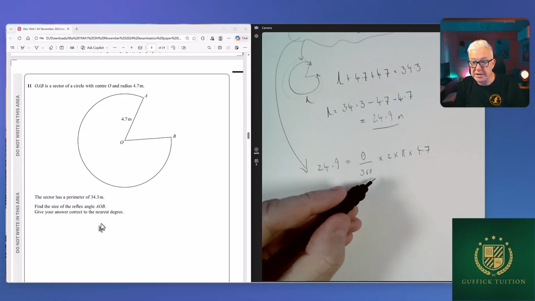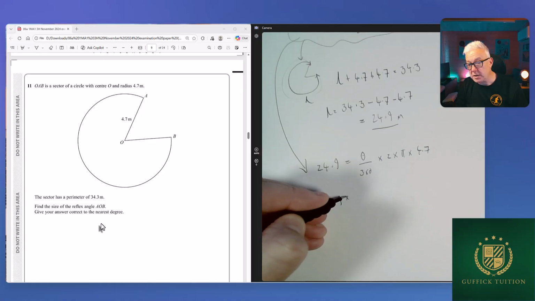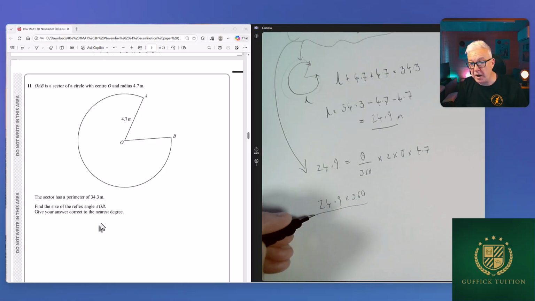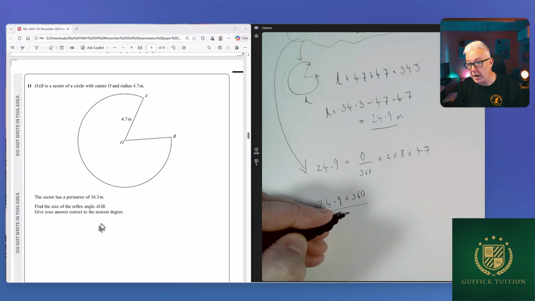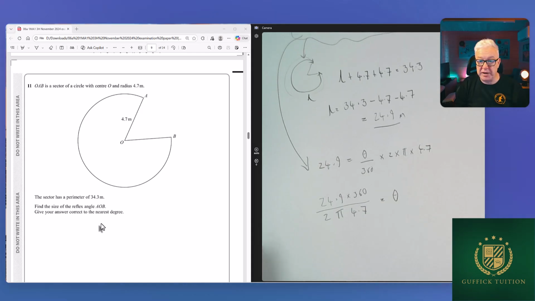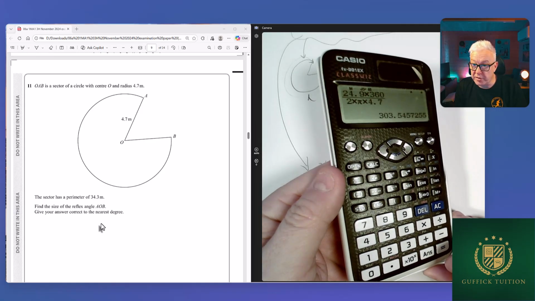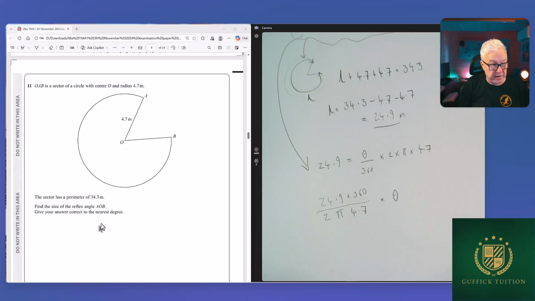So if we rearrange this now by multiplying by 360, so 24.9 times 360 and divided by 2 pi times 4.7, then that's going to give us the angle theta. So we put that into our calculators. That's going to be 24.9 times 360 over 2 times pi times 4.7, which is 303.5. It says give it to the nearest degree.